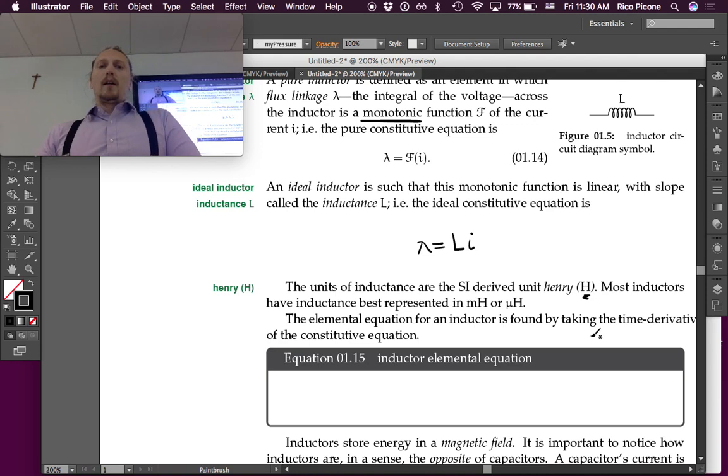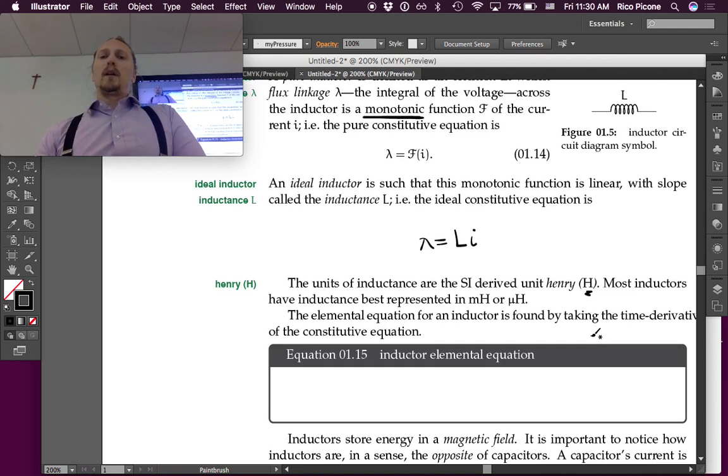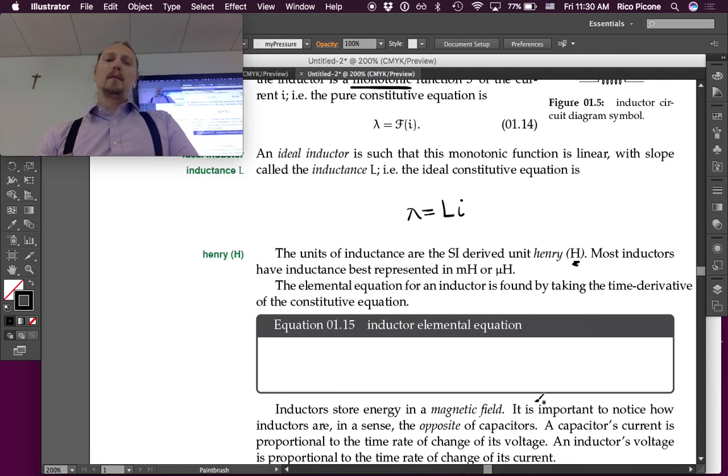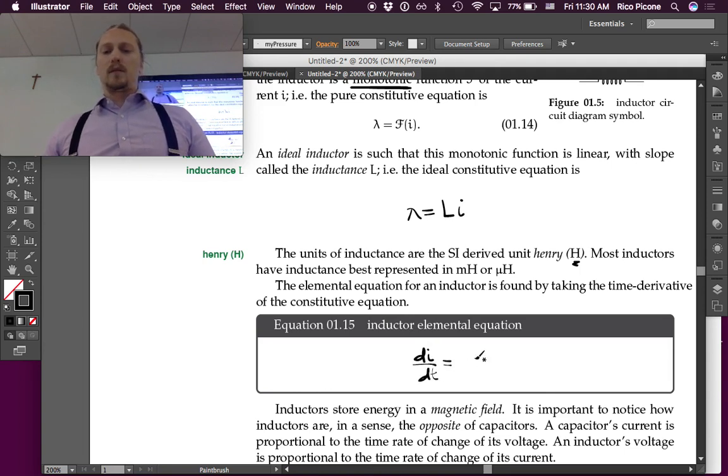Okay, the elemental equation for an inductor is found by taking the time derivative of the constitutive equation. So once again, we're going to rearrange. So di dt, we're going to put on the left-hand side. And we know that L is a constant, and we can divide it over.